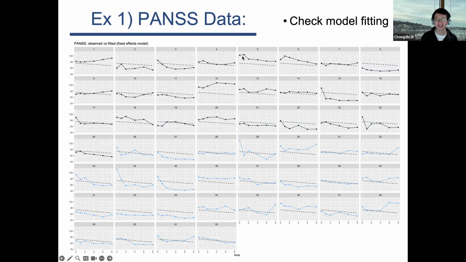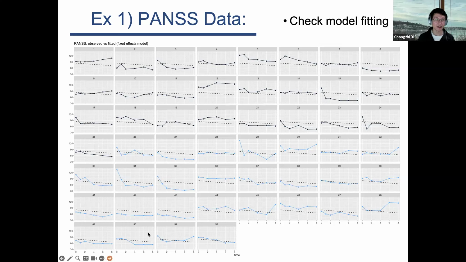It consistently underestimates. The reason is you assume everybody has the same trajectory, but of course this person always has a higher score at all time points, and for this person the slope is different. So you see many examples where the fit is not that good, meaning that assuming a common trajectory for everybody is not necessarily a good idea.